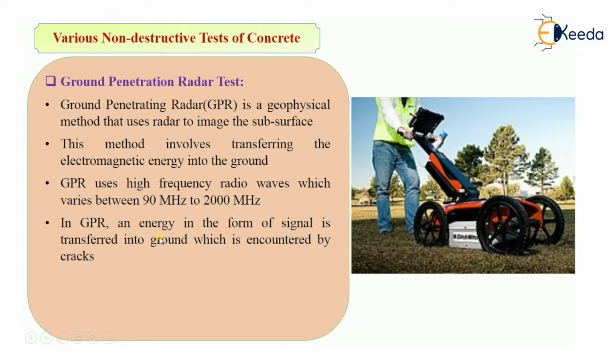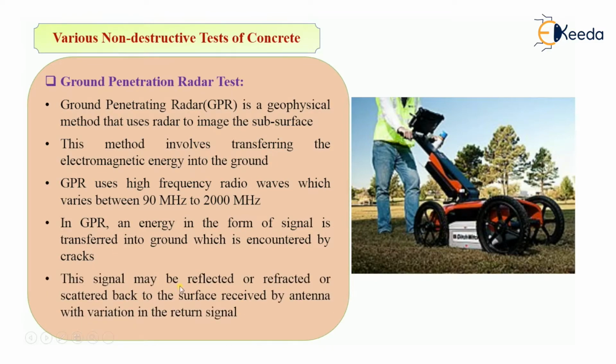This signal may be reflected, refracted or scattered back to the surface, and that will be received by the antenna with the variation in the return signal.